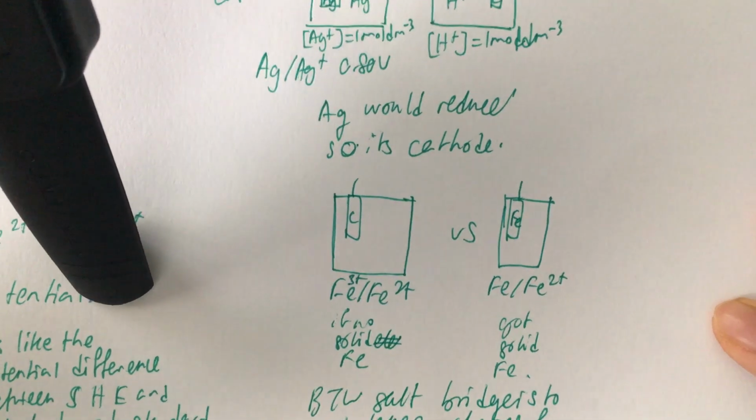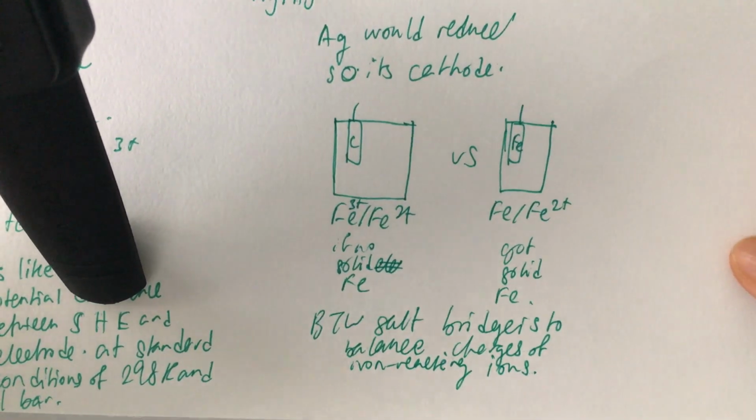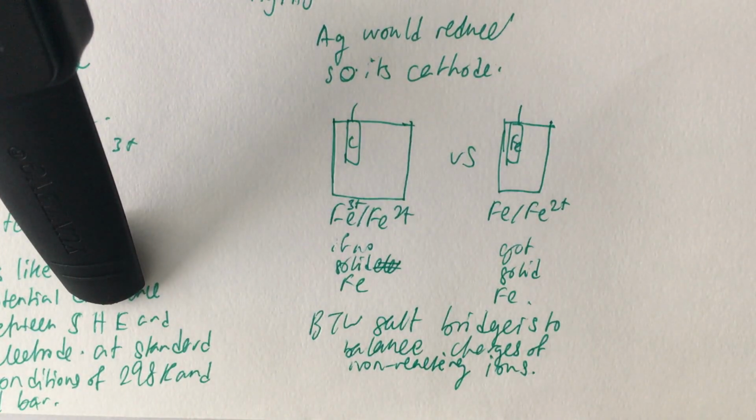The next learning outcome is to calculate standard cell potential by combining two standard electrode potentials.